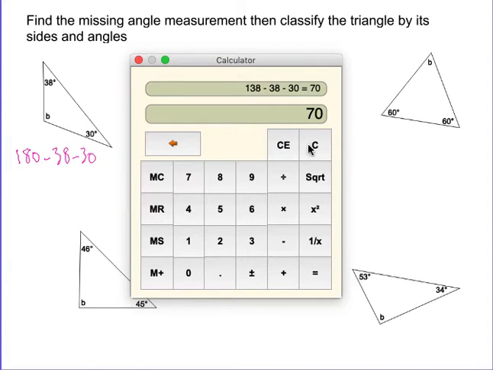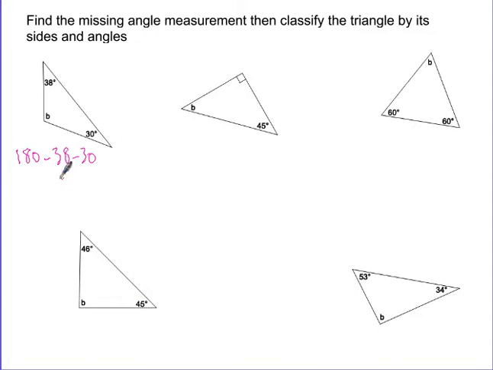Why did I put 138? It should be 112. 180 minus 38 minus 30 is 112. Forgot how the calculator worked there for a second. So that means B equals 112.